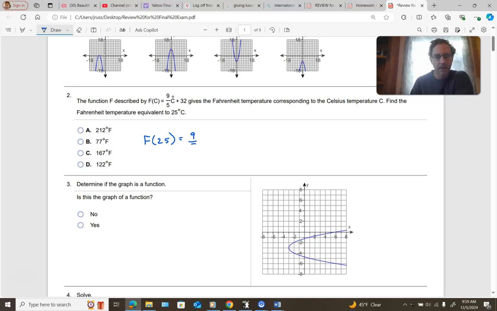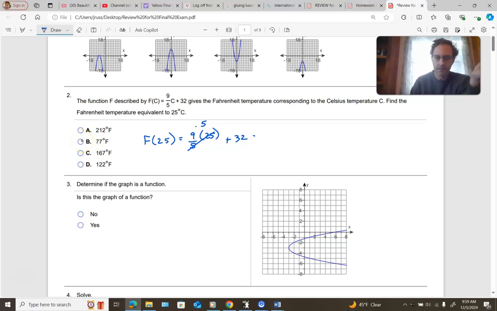So this will give me 9/5 times 25 plus 32. And here, I'm going to take a shortcut. 25 divided by 5 is 5. And I'll multiply this 5 to the 9, and that's 45. Plus 32 will be 77.